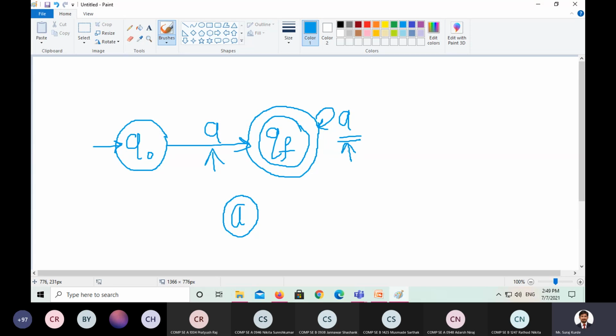It will remain in the final state. So A is followed by any number of A's. This is what A plus is, and this is the DFA for A plus.